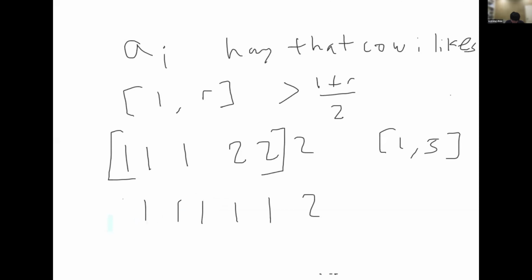And this is the result after applying the operation. Then if we select the entire array in our next operation, we can make every single cow like hay of type 1. And you can see that a similar thing is true, that you can make all the cows like hay type 2 as well.